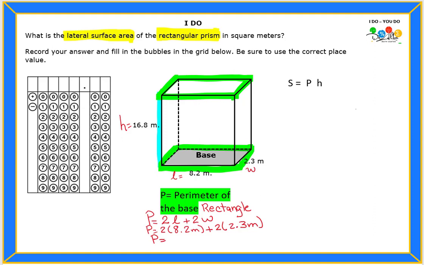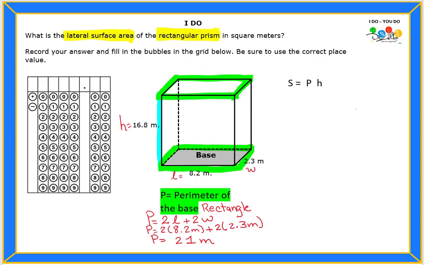If you input all that in the calculator, you don't need to do one at a time. You can just give me one complete answer. You will get 21 meters as an answer. And of course, that will be everything: the multiplication of 2 times 8.2 and the multiplication of 2 times 2.3, and of course, you need to add them up.